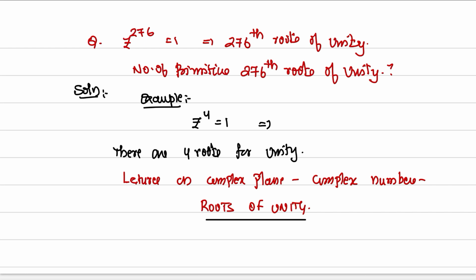Here, z to the power of 4 is equal to 1. That implies there are 4 roots of unity.